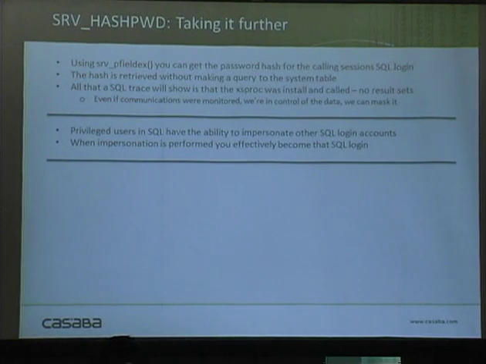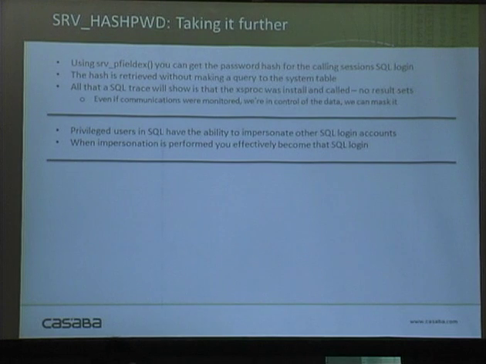So knowing that we can take an extended stored procedure and get the calling session's SQL hash out of there, we can go a bit further with it. So when we consider some of the functionality that's available in SQL, we know that we can impersonate other SQL login accounts.